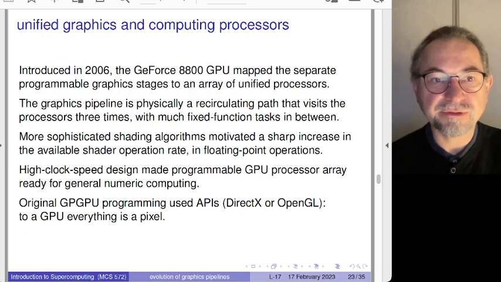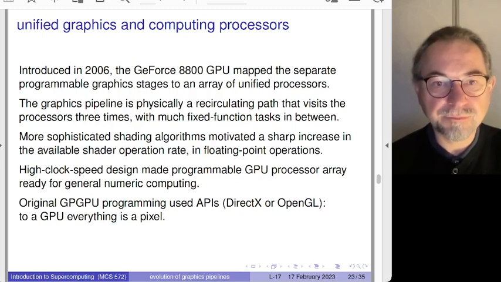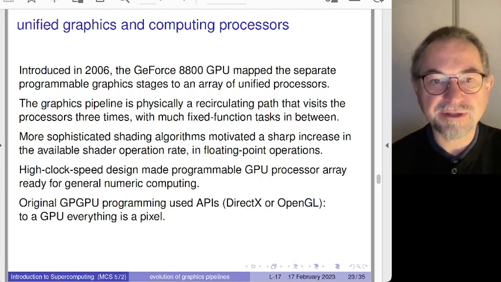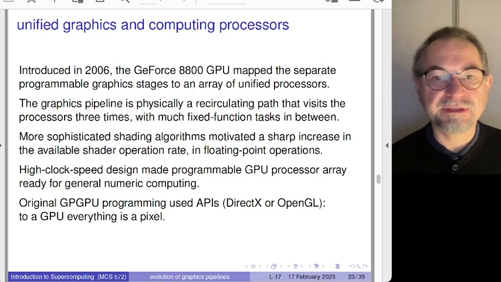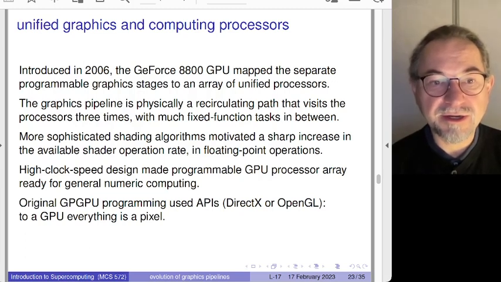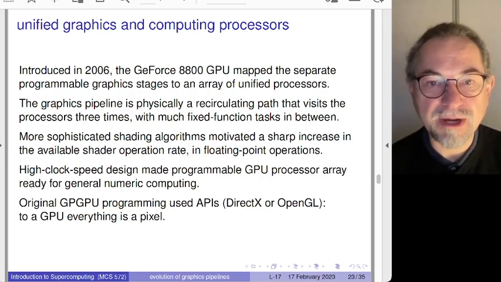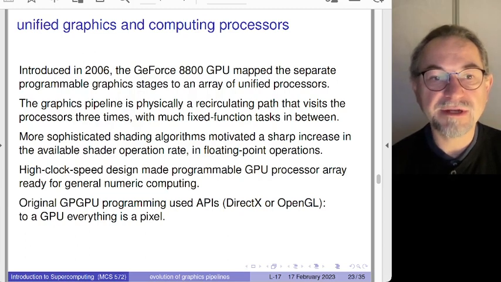historically, so this is a historical evolution. So there is the GeForce 8800 GPU that was kind of the intermediate between the general purpose GPU. So the programmable processor became suitable for general numeric computing.